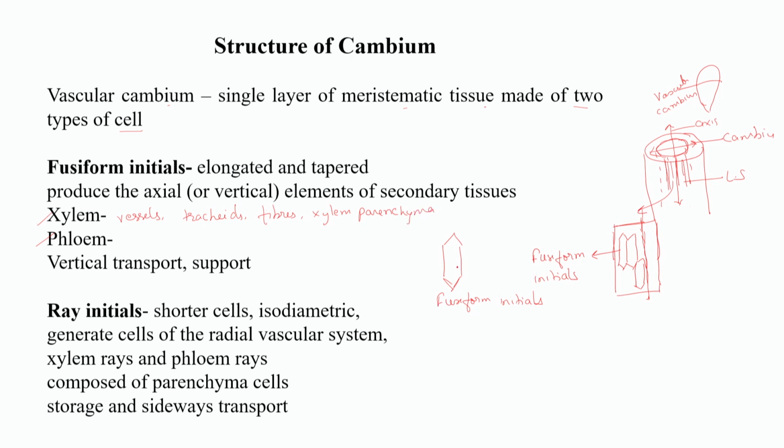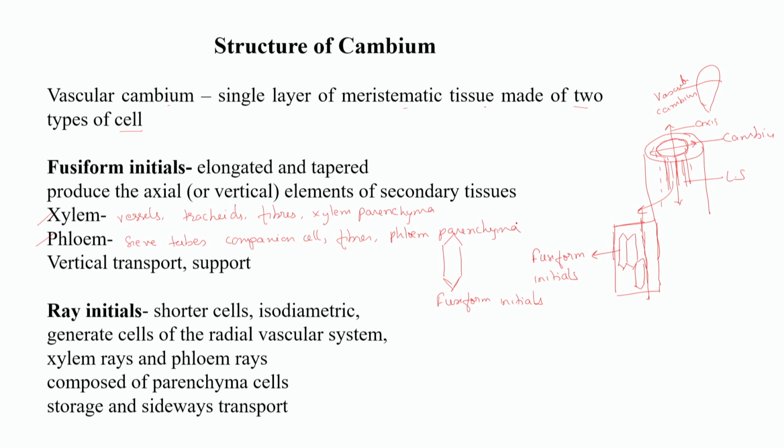This fusiform initials will give rise to them. Then in phloem, you have sieve tubes, companion cells, fibers, and phloem parenchyma.